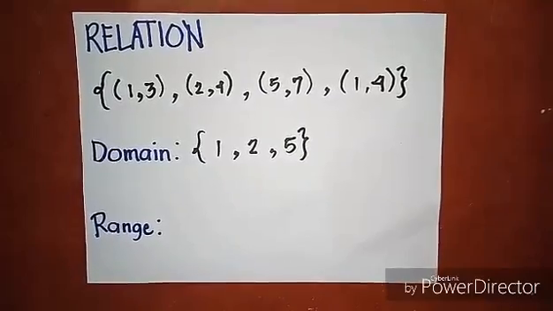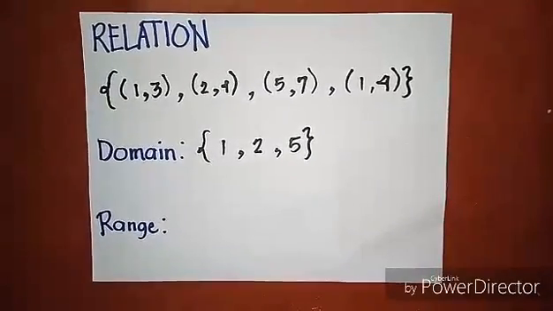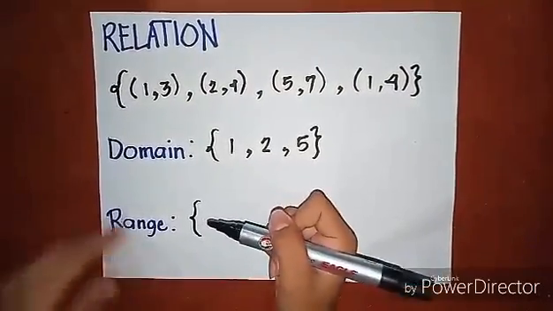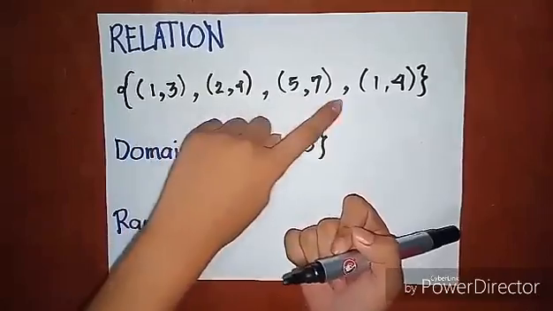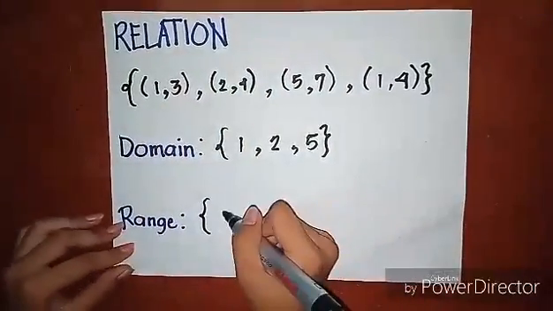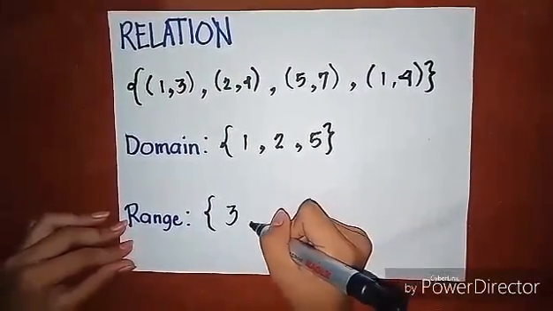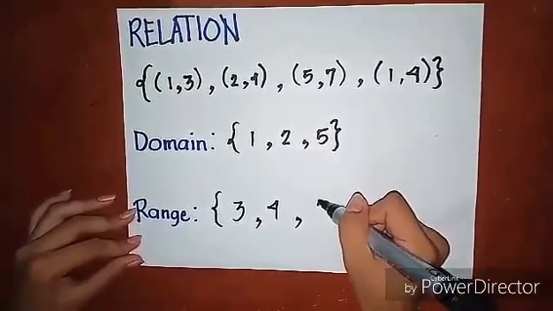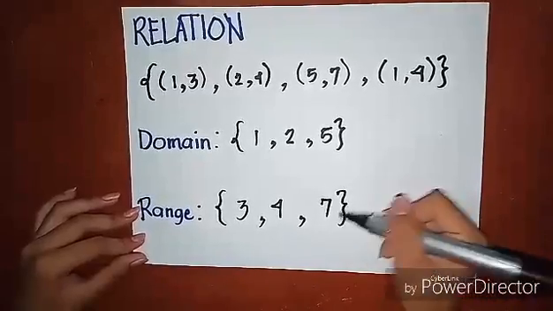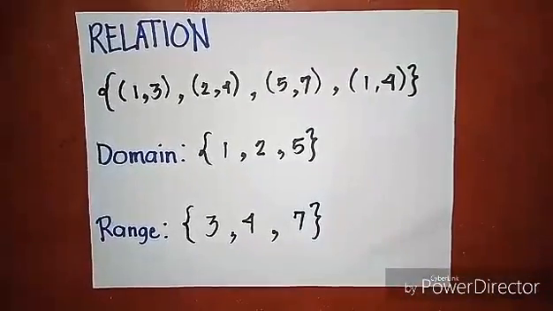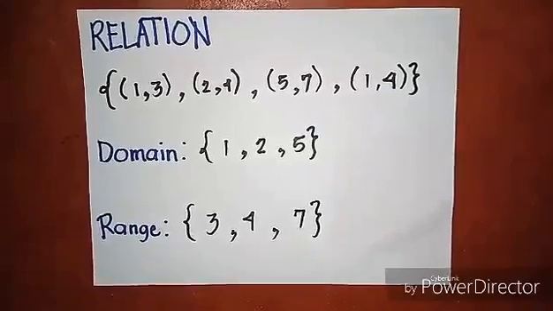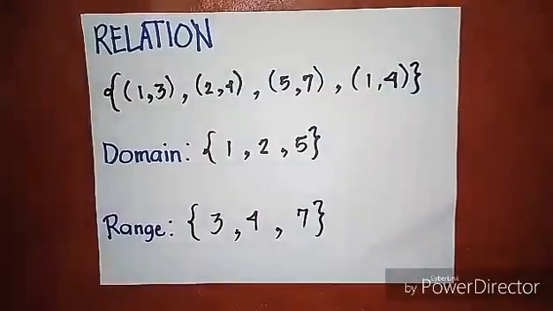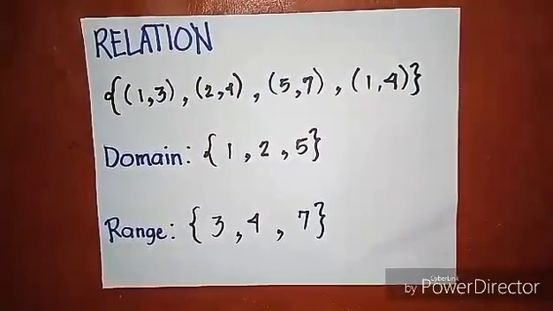And the range of the relation is a set of y values: 3, 4, 7, 4. As we can see, 1 in the domain corresponds to 3 and 4 of the range, and it's a relation.